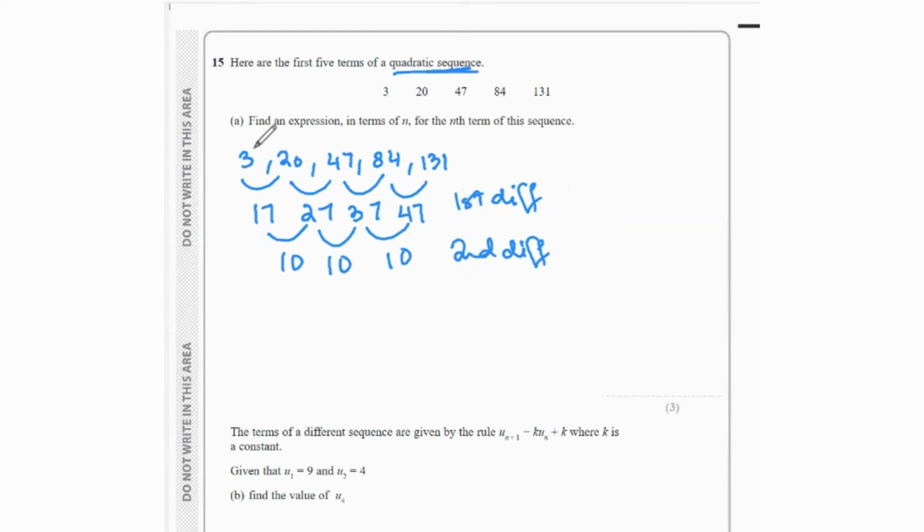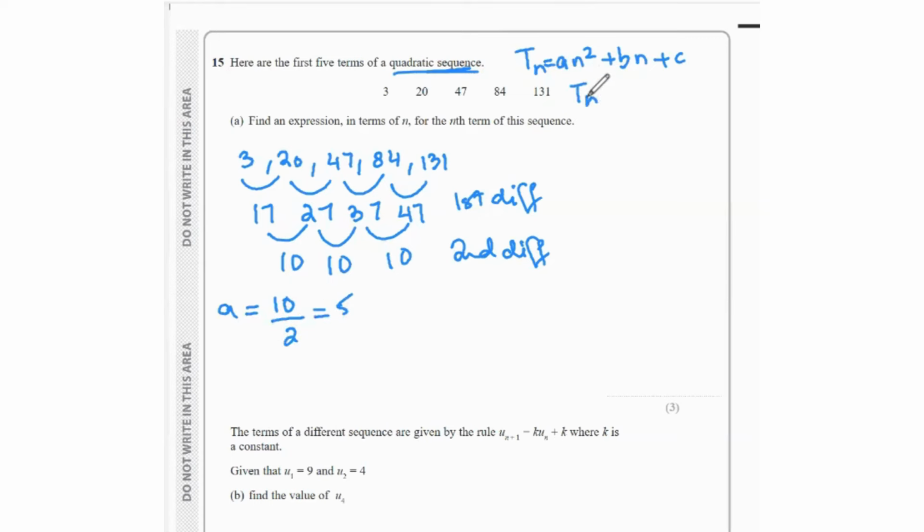So the next step is to divide this second difference by 2. Why? Because a quadratic expression basically comes in the format of an squared plus bn plus c. That's your nth term of a quadratic sequence. So a is found by dividing the second difference by 2, which is 5.